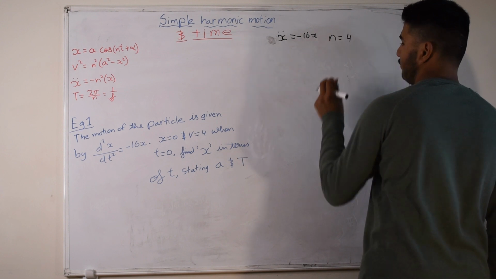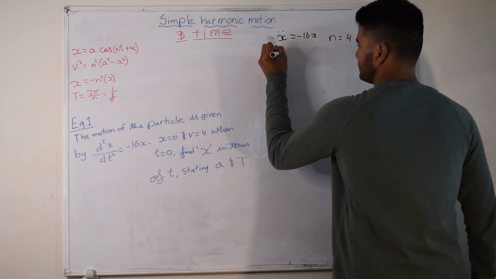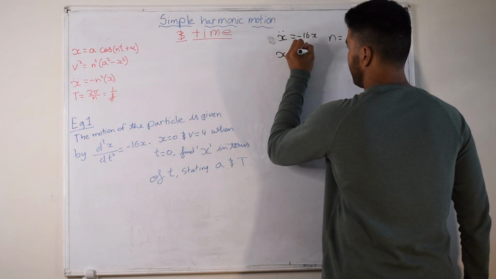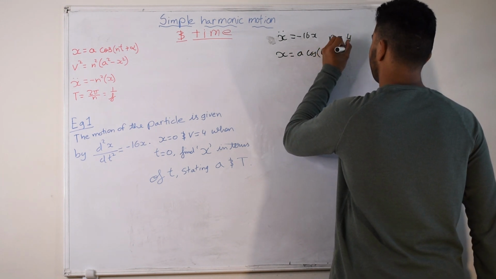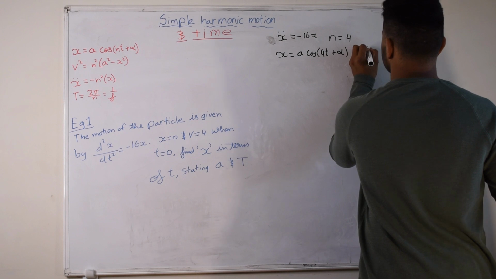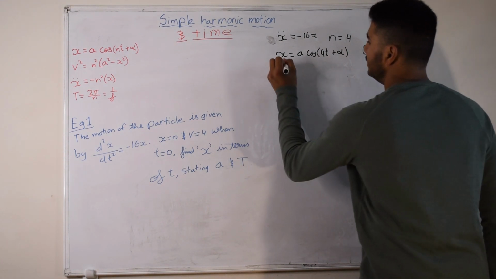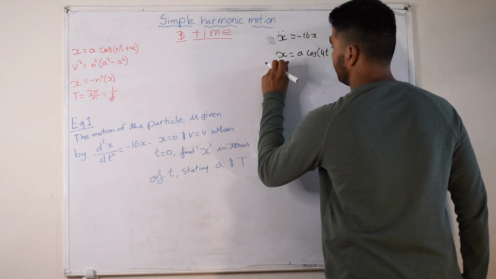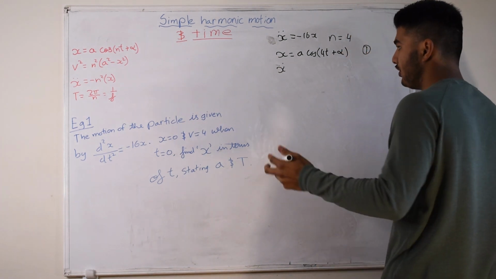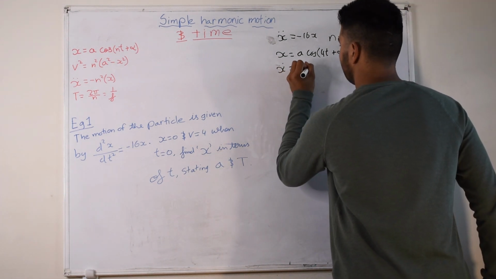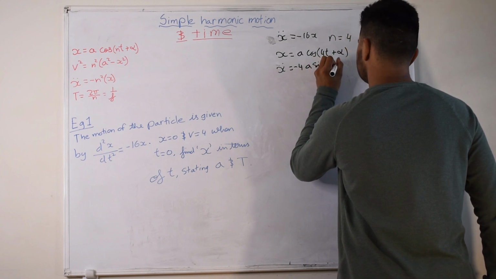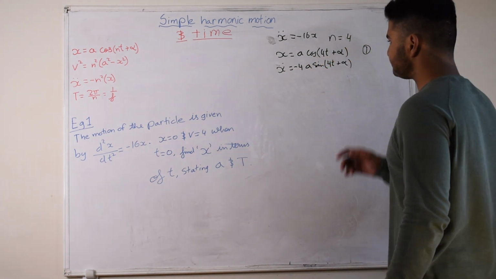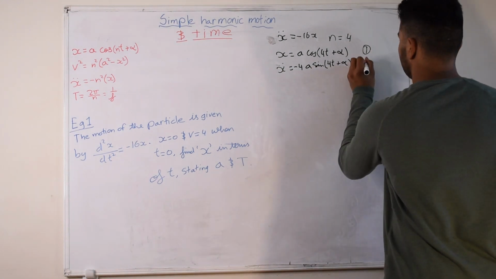So if n equals 4, coming back to this equation over here, x equals a cos(4t + alpha), equation number 1, and x dot, the first derivative, which is velocity, is negative 4a sin(4t + alpha). This can be equation number 2.